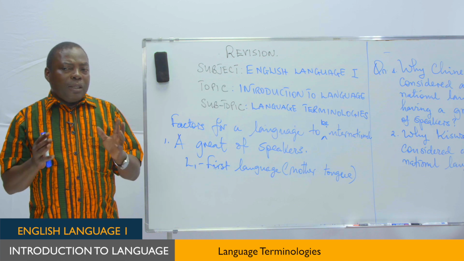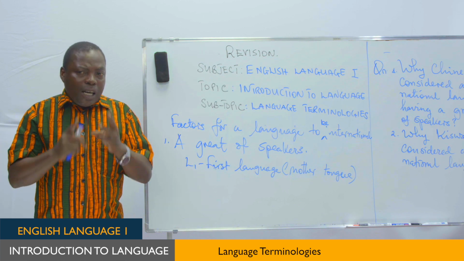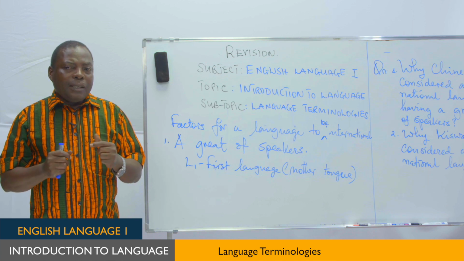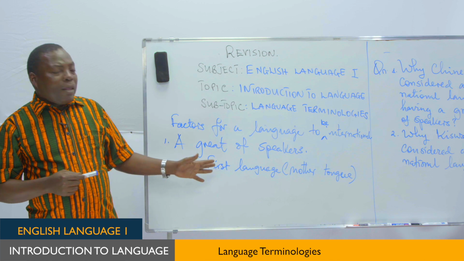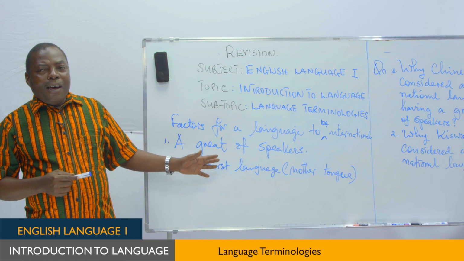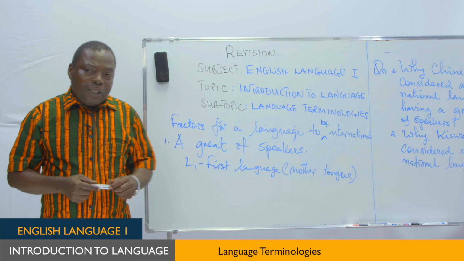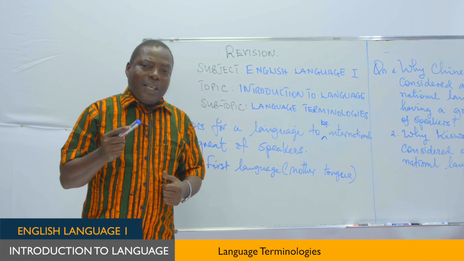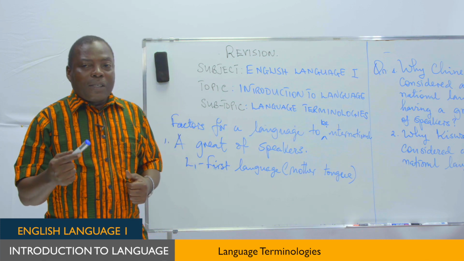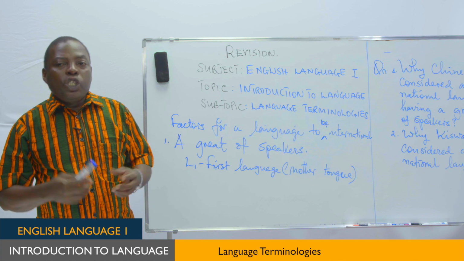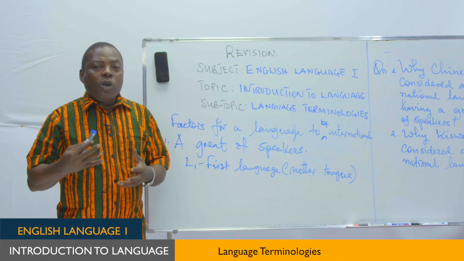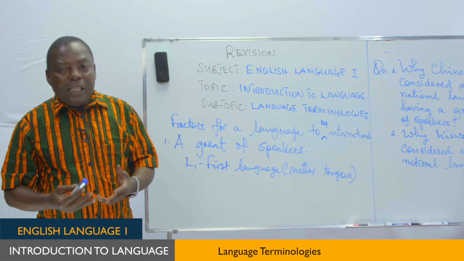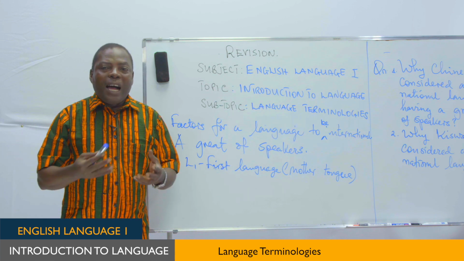So I've talked about first language, mother tongue, and native language. What do we mean by those? First language is a language that a person speaks as he or she was brought up. In other words, he or she automatically finds it in his or her life.